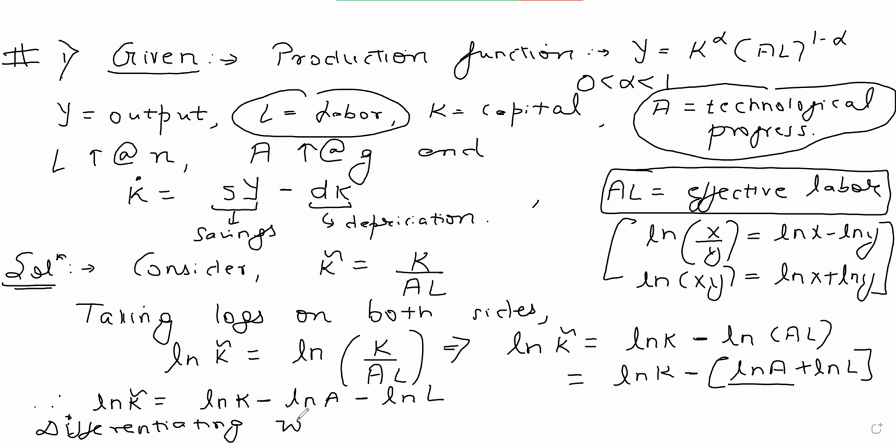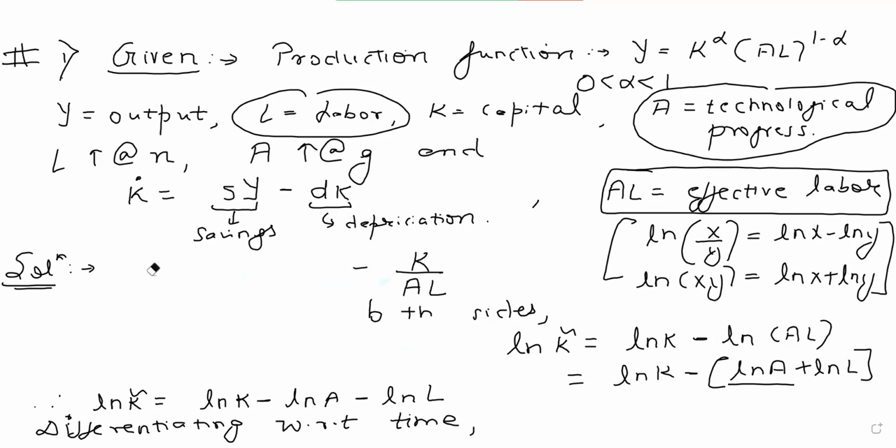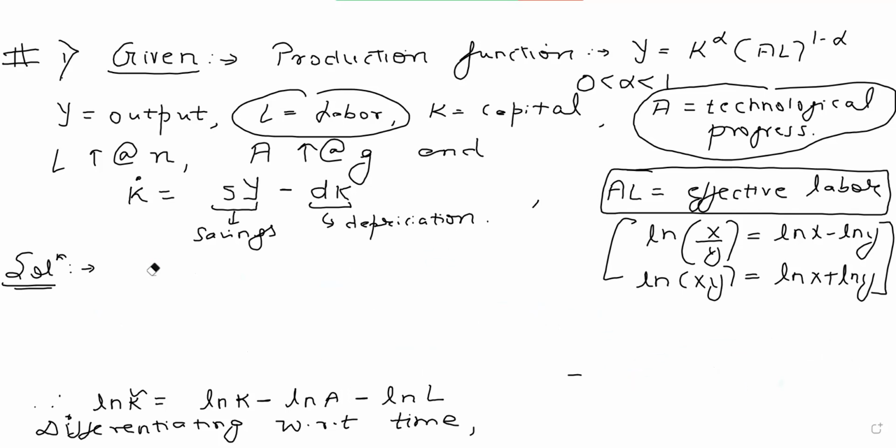So differentiating with respect to time, what do I get? So if I erase this initial equation, now which equation am I differentiating? I am differentiating this equation with respect to time.